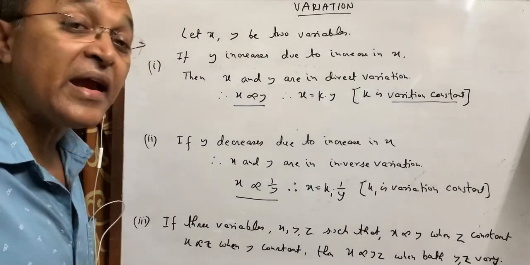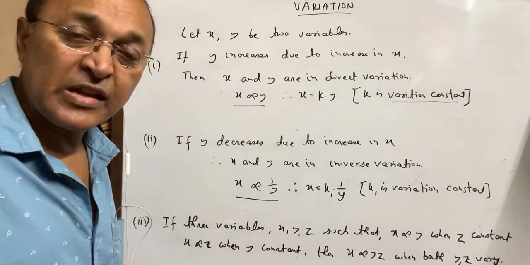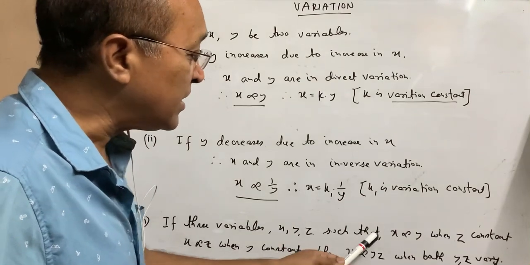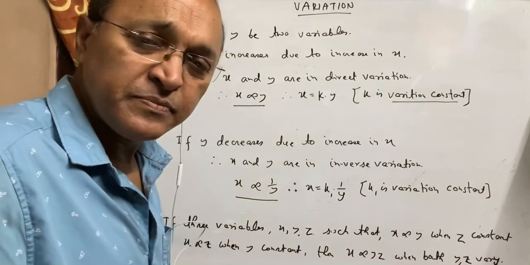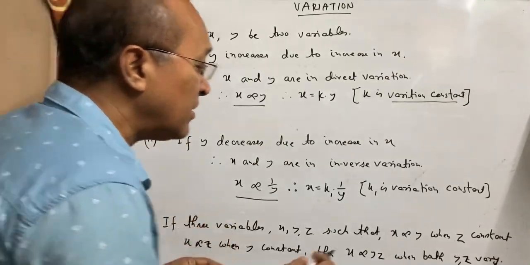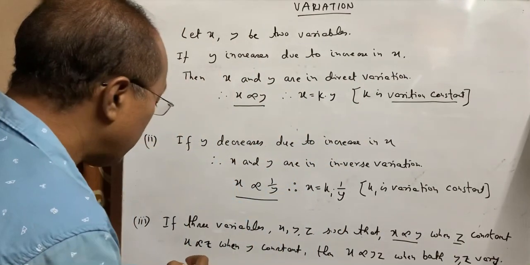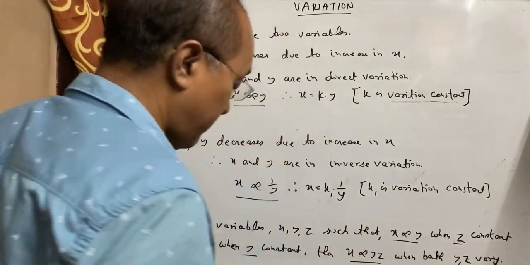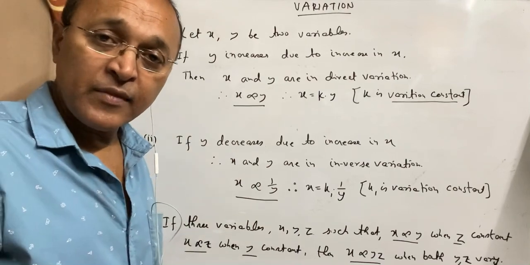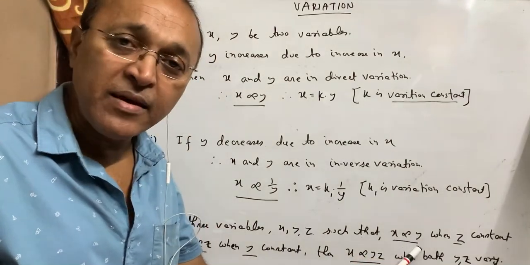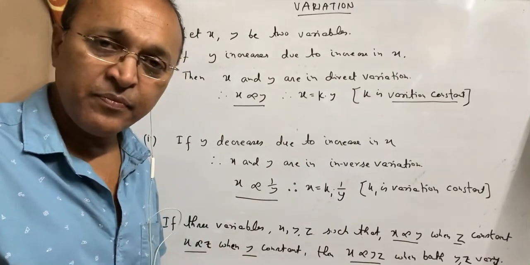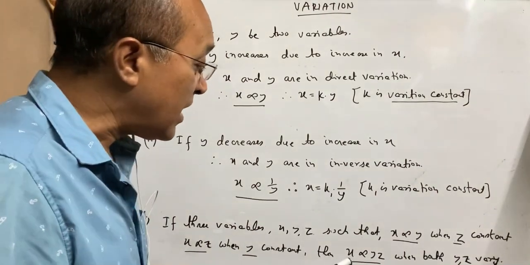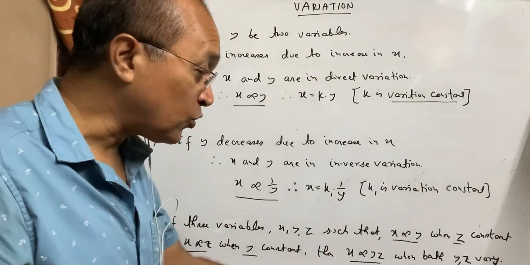Now think about joint variation. What is that? If there are three variables x, y, z, such that x is proportional to y when z is constant, and x is proportional to z when y is constant, then we can say x is proportional to yz when both y and z vary.